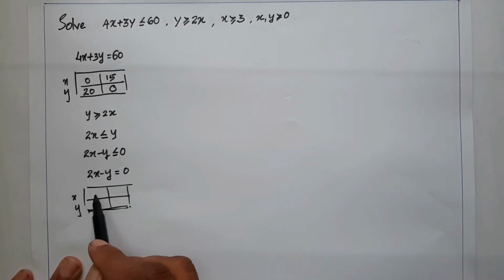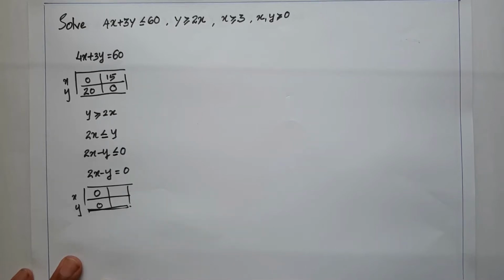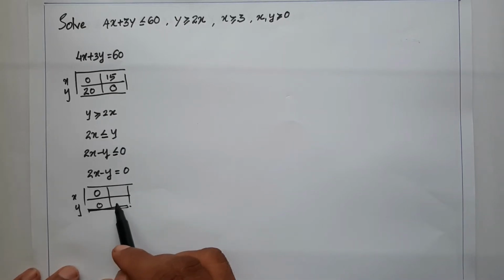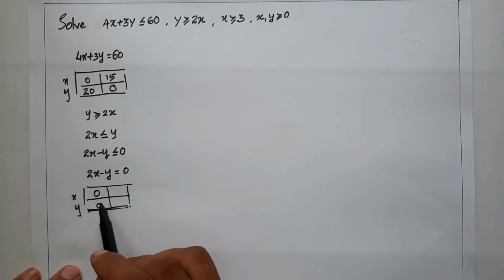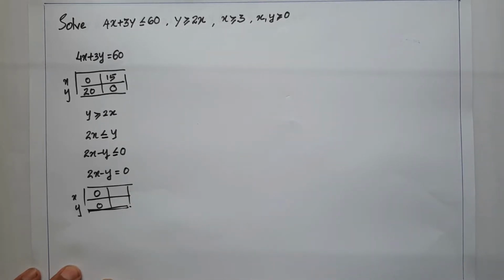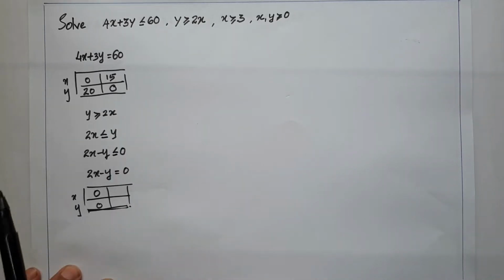First we put x equal to 0 and therefore 0 minus y equal to 0, and y is also equal to 0. Then we put y equal to 0, again we get x equal to 0. That means the same point is repeated. So using one point, a line cannot be formed.